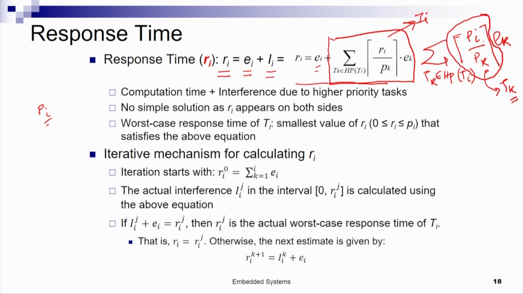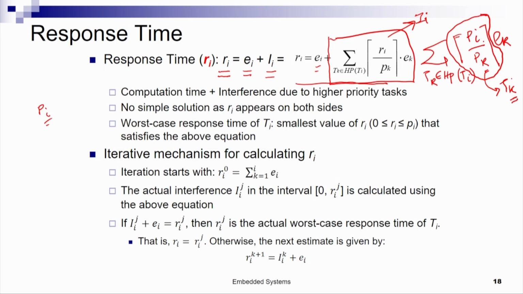So, Ti has a period of Pi, and Tk has a higher priority than Ti and hence has a shorter period. So, within this period Pi, Tk is going to come multiple times. How many times? At most ceiling of Pi by Pk times.